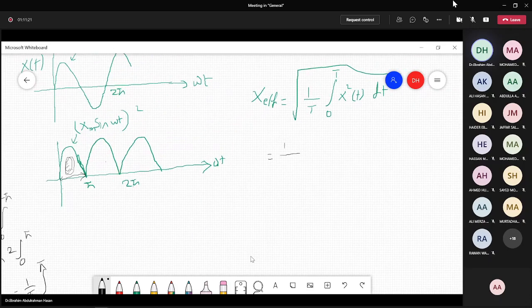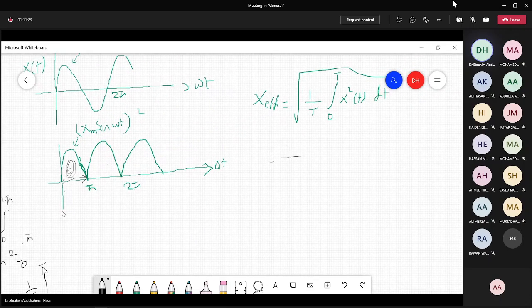So 1 over T is 1 over pi, integration from 0 to pi of xm squared sine squared omega t, which is theta, d theta, under root.